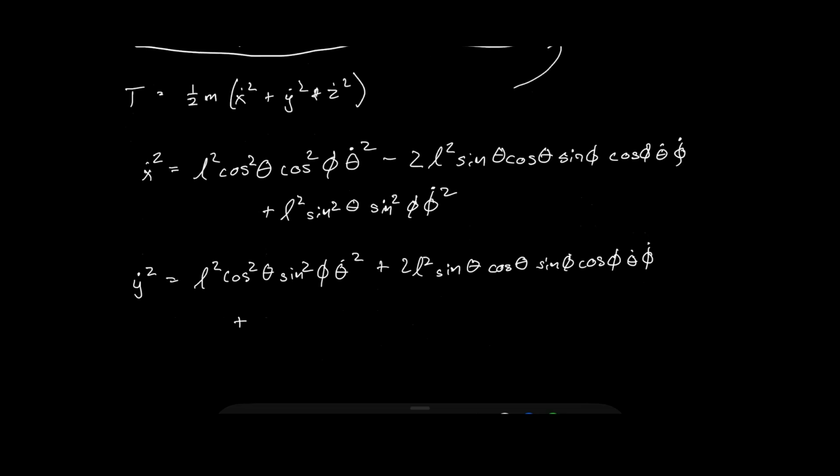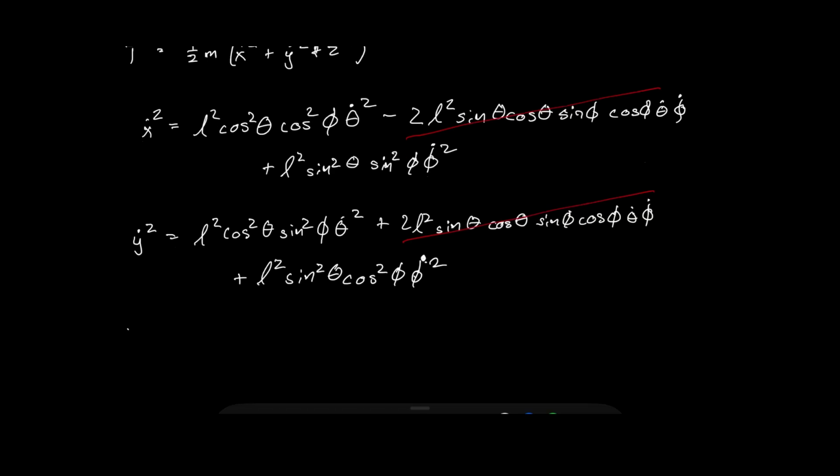Good. And then plus L squared sine squared theta cosine squared phi phi dot squared. Okay, and then you can already see the good news is that this here cancels out with this one. So that's good. So we're off to a good start.